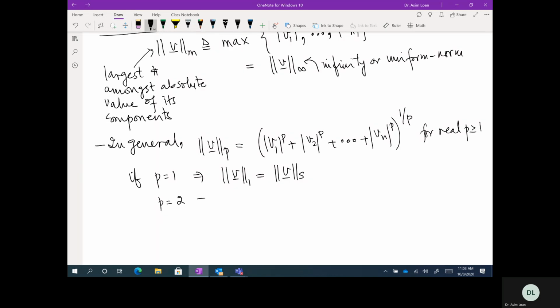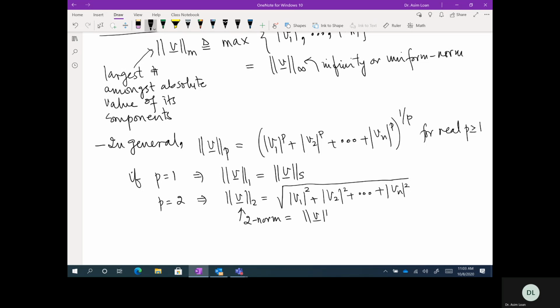If p is equal to 2, this implies the 2 norm of v equals the square root of v1 square plus v2 square plus, this is the component square, plus vn square, and this is the 2 norm, or the definition of the Euclidean norm.